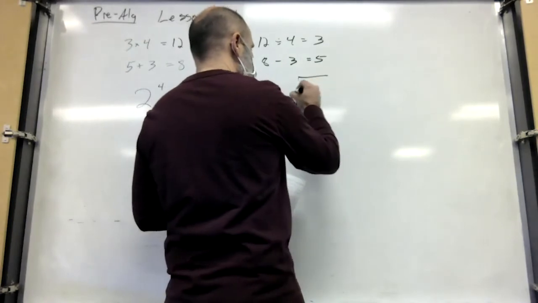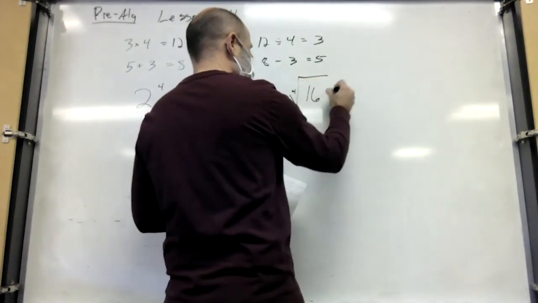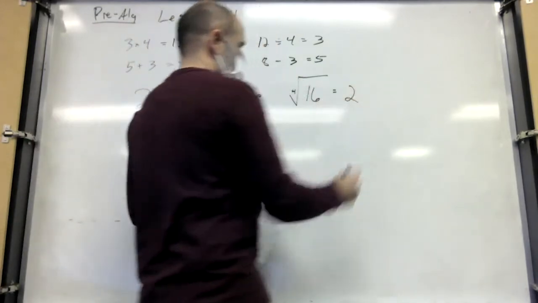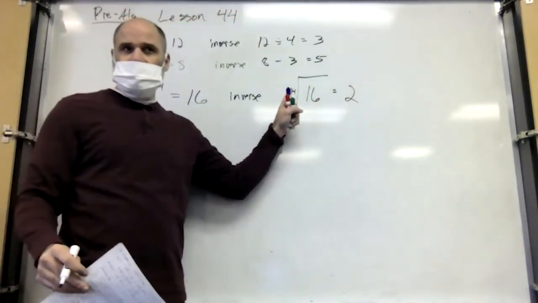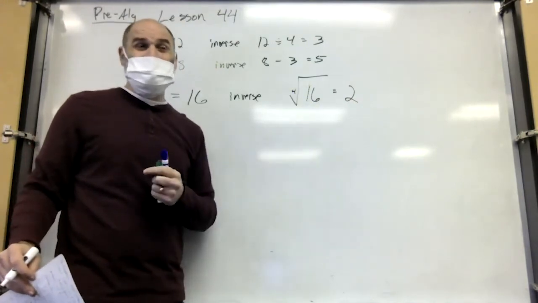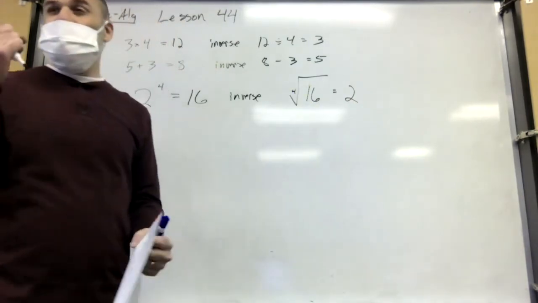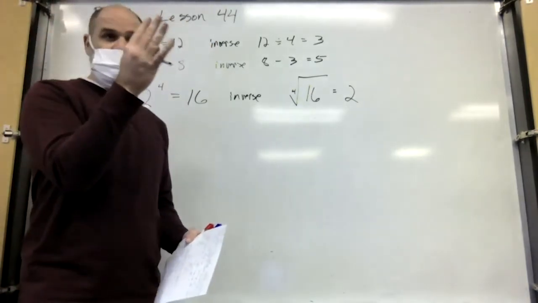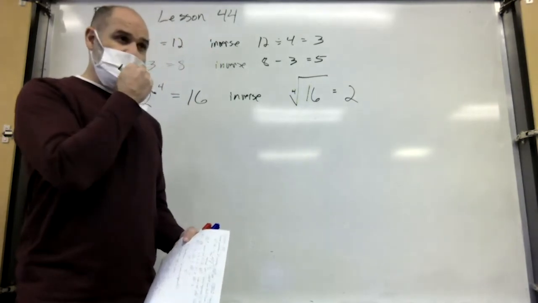We call these roots. The 4th root of 16 is 2. So this little 4 in here means what number times itself 4 times equals 16. So if you go 2 times 2 times 2 times 2, 4 2's multiplied together, you get 16, right?